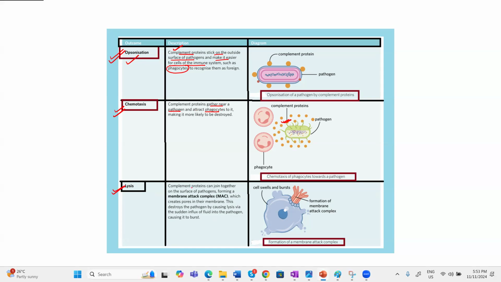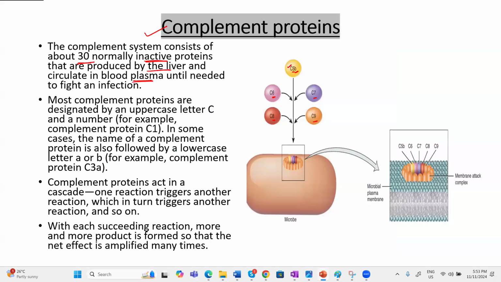Then is lysis. They will make a membrane attack complex on the surface of the pathogen. This complex is made so that a pore can be created, water enters and the cell goes for lysis. You can check the previous slide also. This is the pore made by the membrane attack complex so that water enters and lysis can occur.